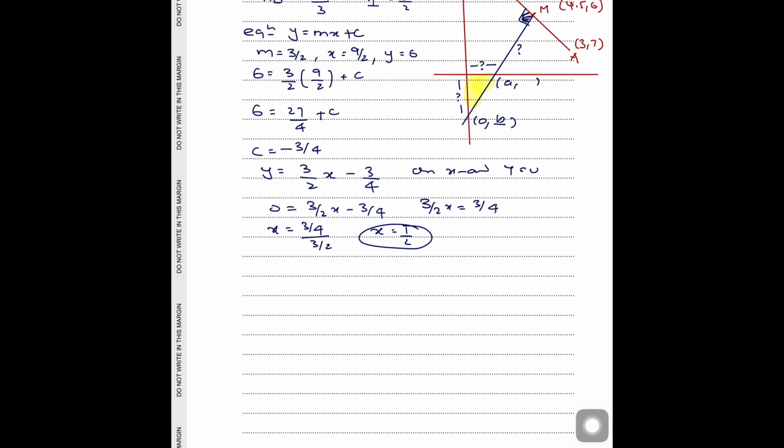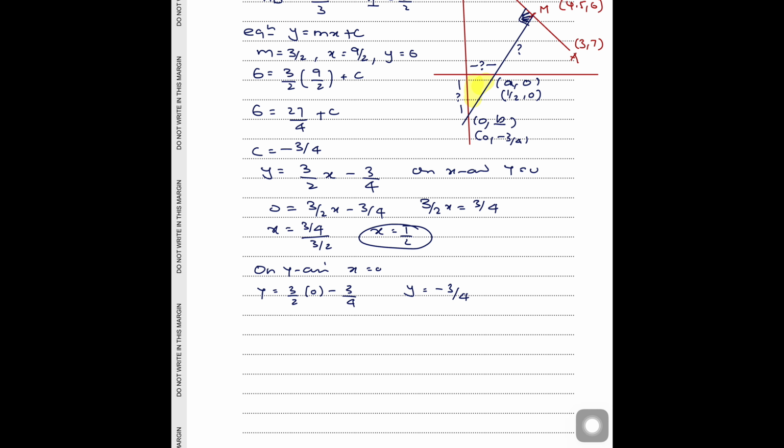So this is half and 0. Now let me try on the y-axis, x is 0. So y is 3 over 2 times 0 minus 3/4. So y is negative 3/4. So this point is 0, negative 3/4.